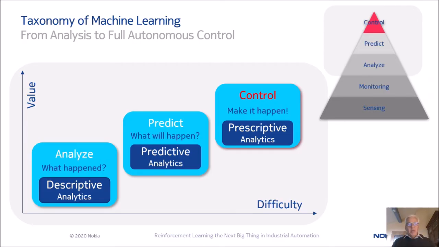Good, let's talk a little bit about machine learning. What did we do in the past, and how could reinforcement learning be a huge benefit and extension? In the past, we have been doing a lot of analysis on historical data. We took large amounts of historical data and did descriptive analytics.